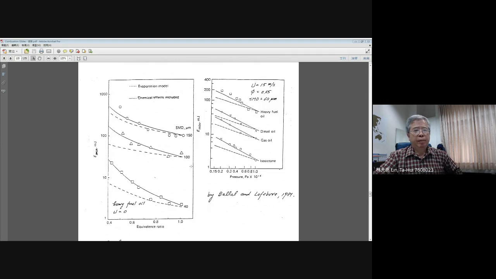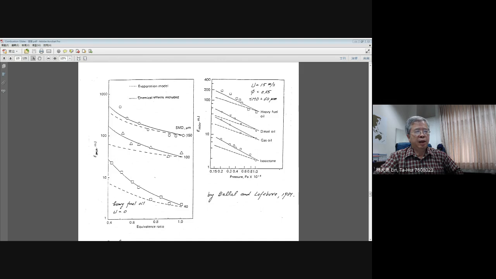Ball and Lefebvre published a paper in 1981, and they give you the comparison. For example, on the left-hand side, they consider heavy fuel oil without flow. This is a non-flowing experiment, and they change the equivalence ratio and measure the minimum ignition energy for sprays with different droplet sizes.